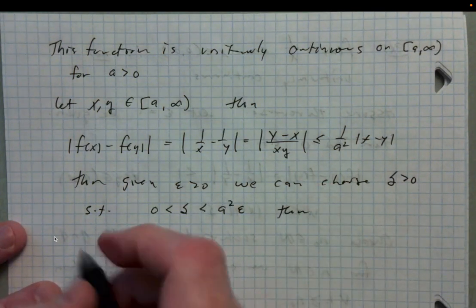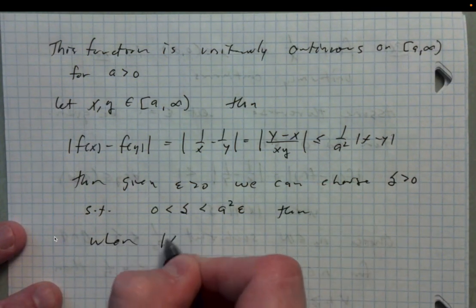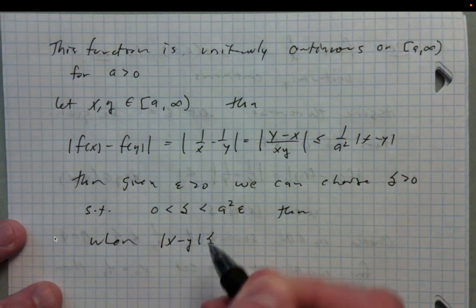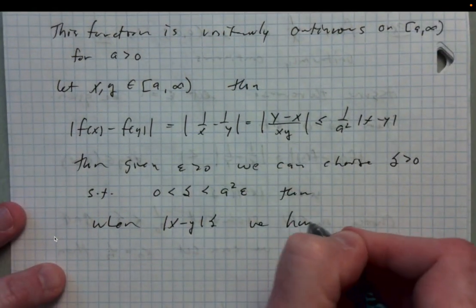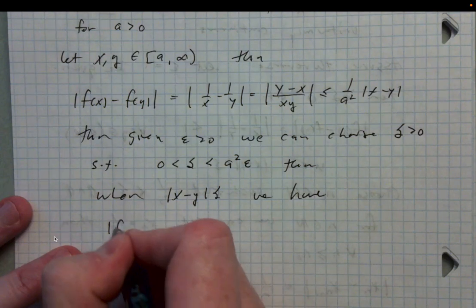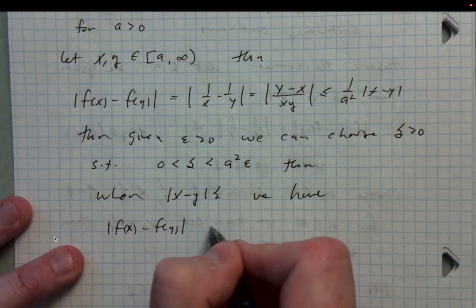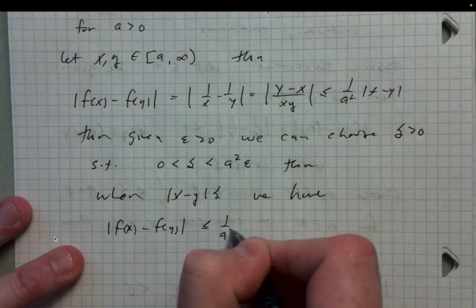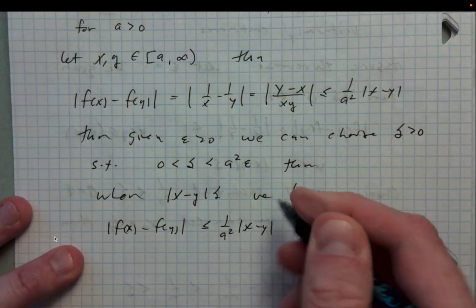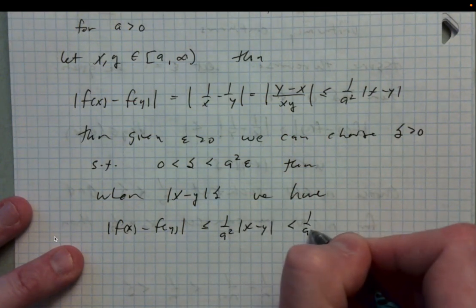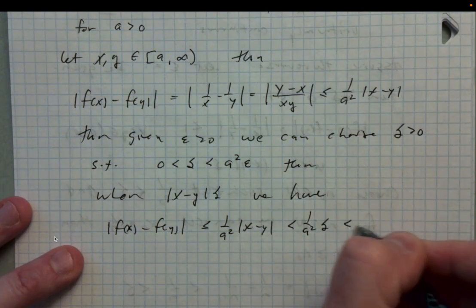Then when x and y are within delta of one another, we have |f(x) minus f(y)| less than or equal to 1 over a squared times |x minus y|, which would be less than 1 over a squared times delta, which is less than epsilon, right?